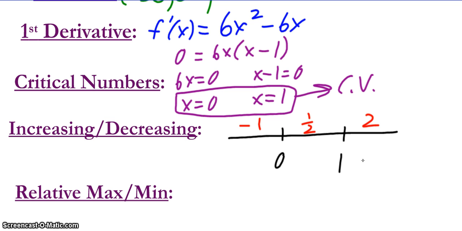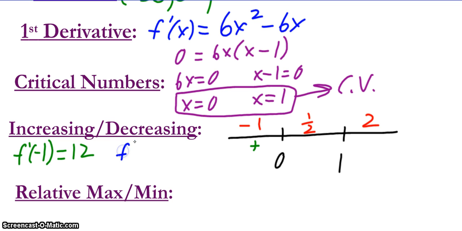So if I plug in -1, so this work you don't need to totally have all the time, but for right now, since this is our first time, I'm going to show this work. So if I plug in -1, we end up with 12. So that is positive.